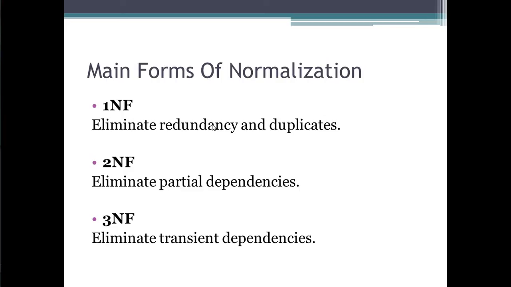Then you have 3NF, and that basically gets rid of transitive dependencies. These are columns that are dependent on other columns that are not primary keys, which are dependent on your actual primary key. So it's an indirect relationship.